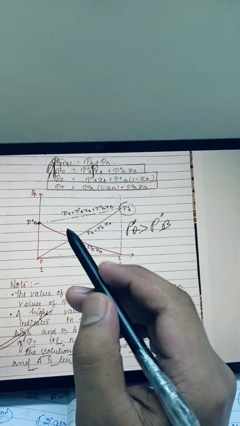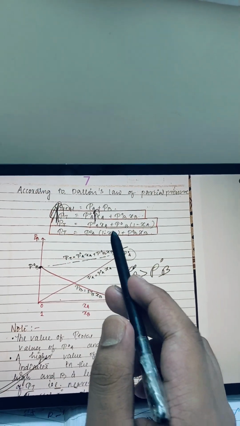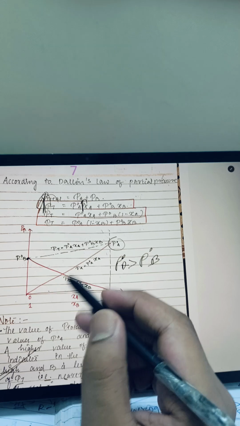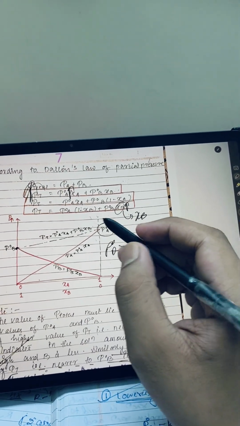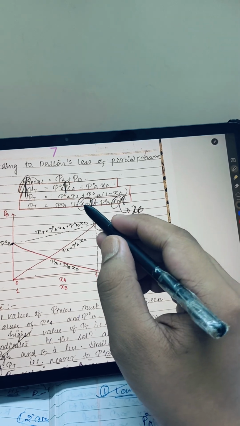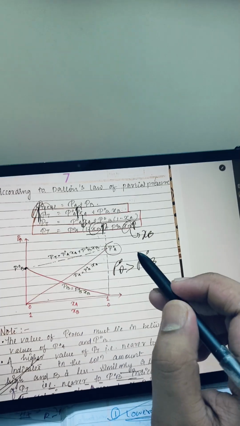If you decrease PT and move towards PB naught, that means chi B is increasing to 1. That's why 1 minus chi B, which is chi A, is decreasing.